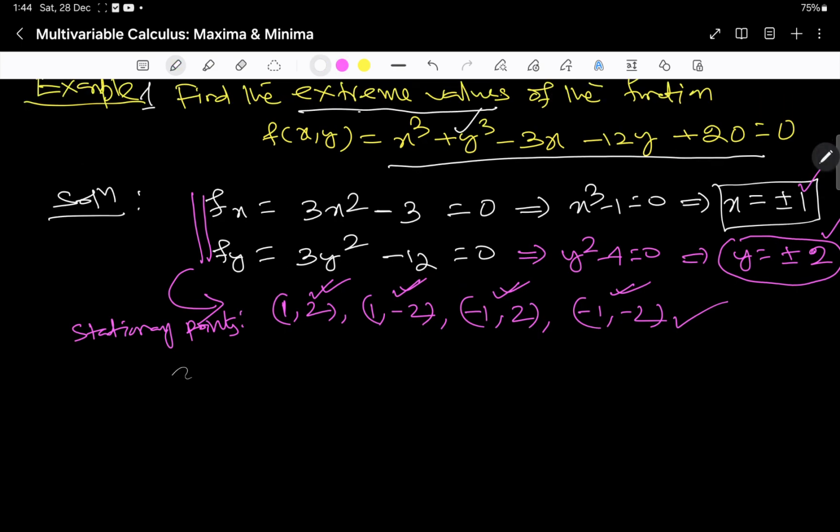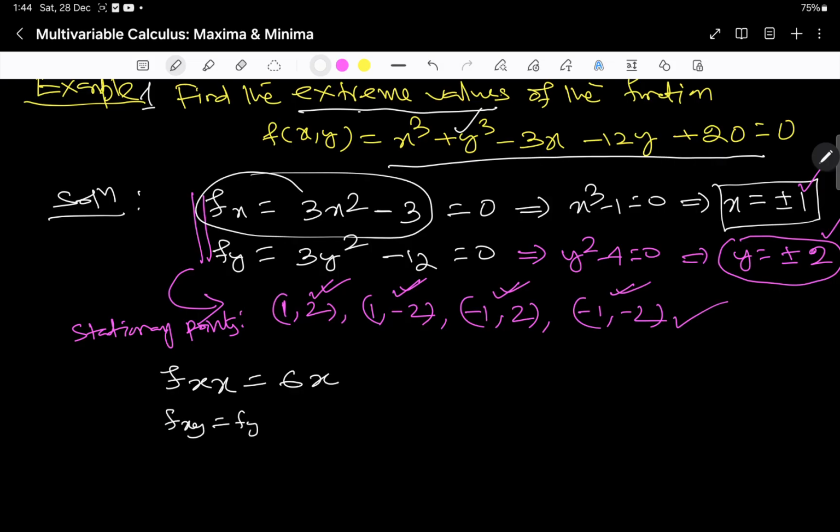Let us now find the second derivative. What is fxx? fxx, the second derivative, is 6x. What is fxy? It is the same thing as fyx. We differentiate fx with respect to y, it is 0, and fy with respect to x, it is also 0.